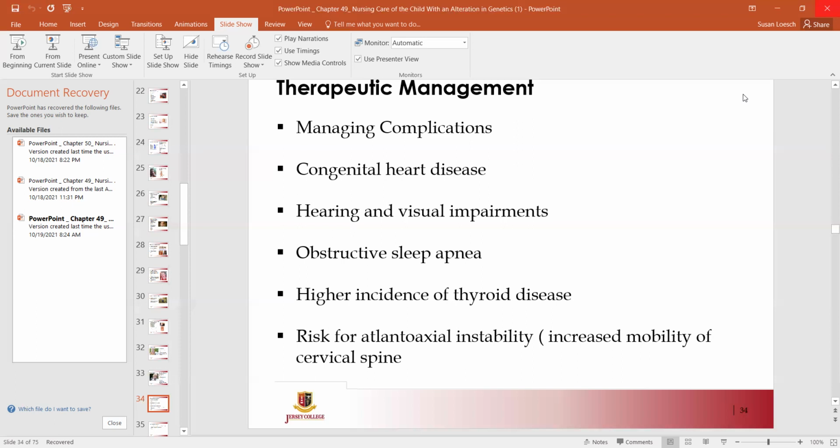Okay, they'll also have a risk for atlantoaxial instability, which is increased mobility of the spine. In most cases, they're asymptomatic. However, if symptoms do appear, spinal cord compression may be occurring. So screen for atlantoaxial instability, especially if the child is involved in sports.